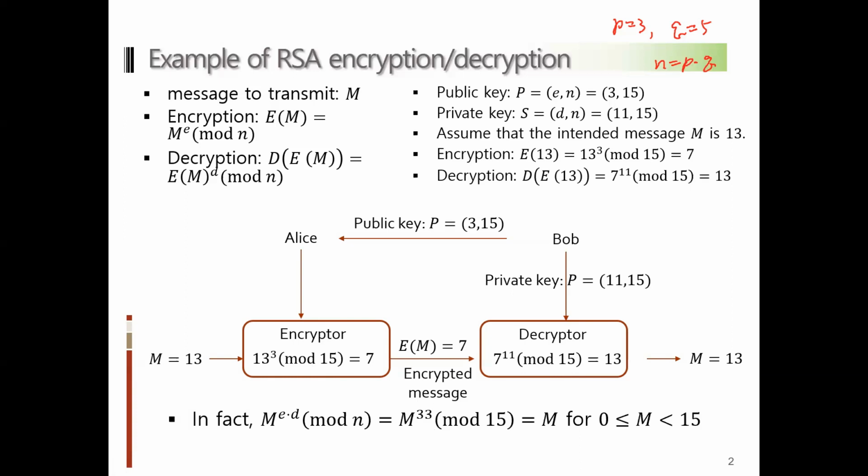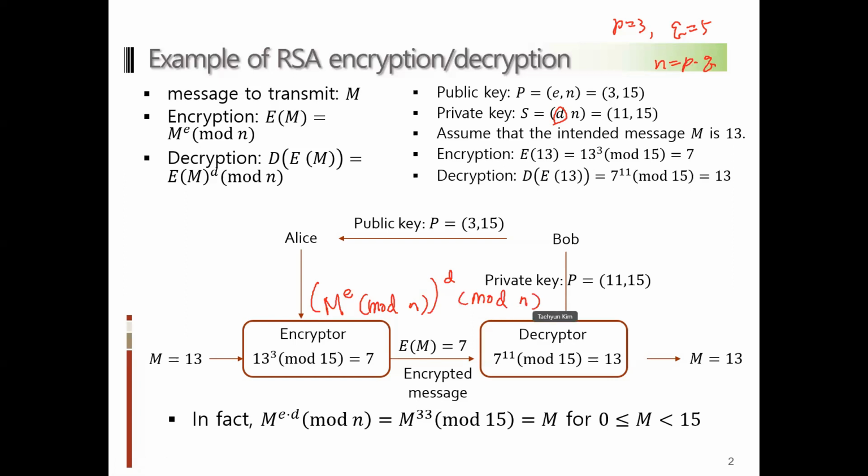Still, one of the concepts you should get is that what Alice transmits is m to the e, and then she calculates the modulus of n. Once Bob receives this value, what Bob does is calculate the power of d, which is the part given here, and then calculate the mod n again.